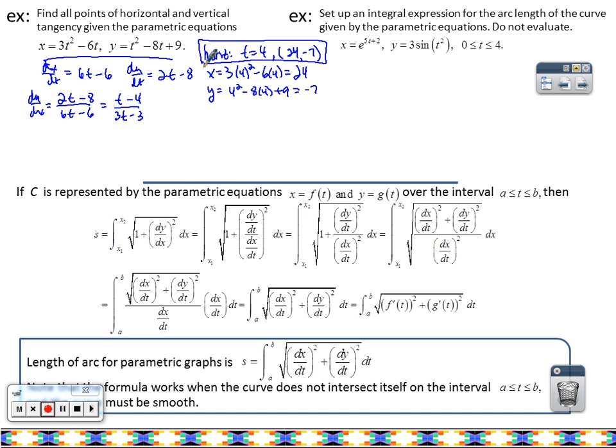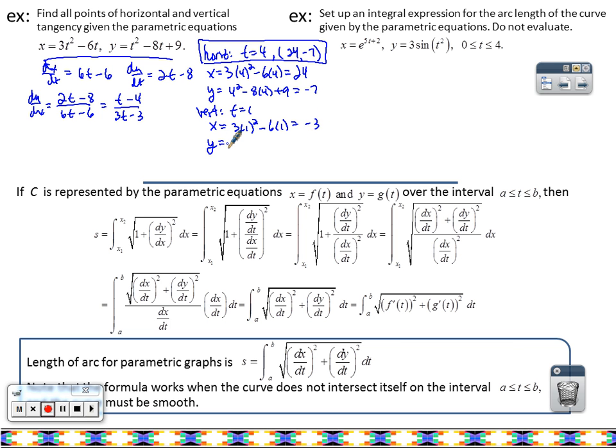Okay, let's work on vertical. My vertical is where the denominator of my first derivative would be 0, which is at a t of 1. So then I substitute that in again, same way we did before. x equals 3 times 1 squared minus 6 times 1, and that gives me negative 3.